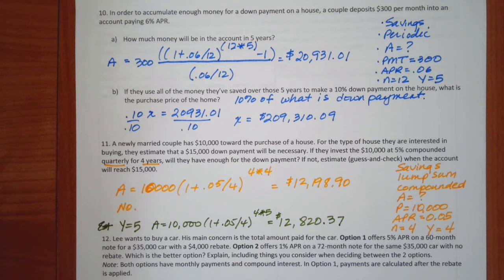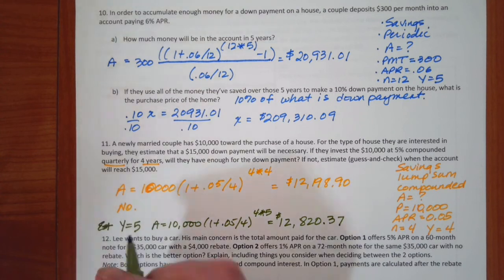So let's try it again. Let's try 9 years. Now, my calculator has the ability that I can just look at this and see. And it actually turns out that it's 9 years.